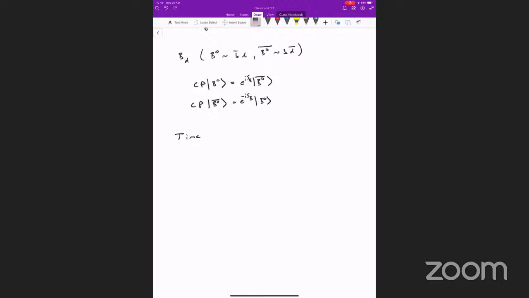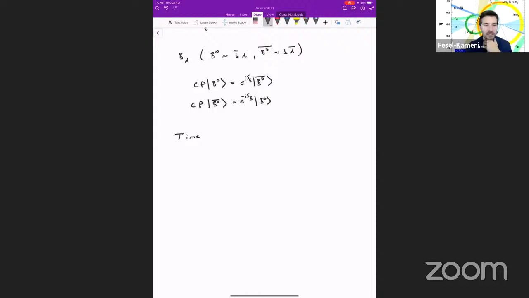Yeah, Nate, sorry, before going on, why can't we say that the mass states do not have definite CP? Is a question. Yes, so we will see this in a minute when we write out the form of the total Hamiltonian. Of course, the mass eigenstates are the eigenstates of the total Hamiltonian.